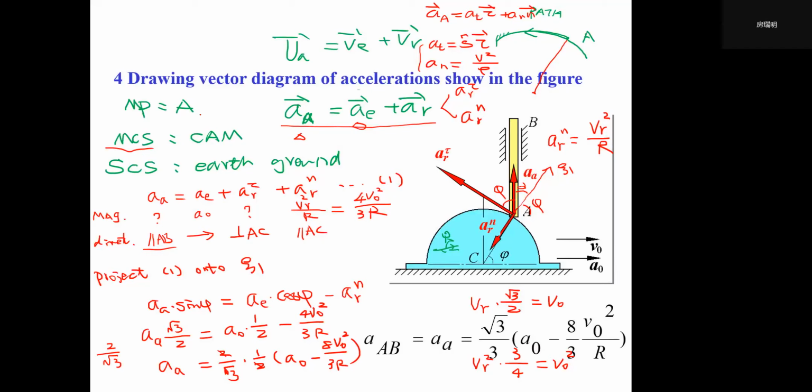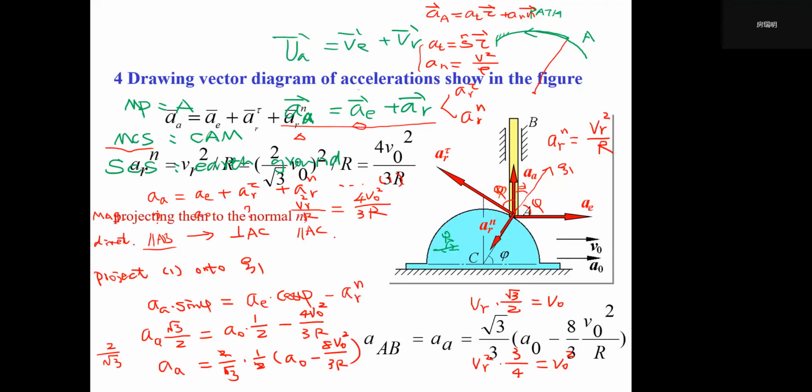I hope at least you guys have some impression, right? Maybe you can come back to our textbook to look at this example again and try to understand the whole process. I think that's all for this example. We have finished all this.